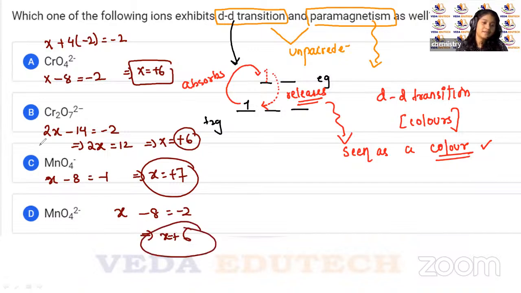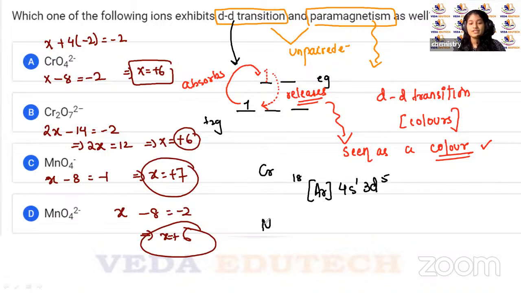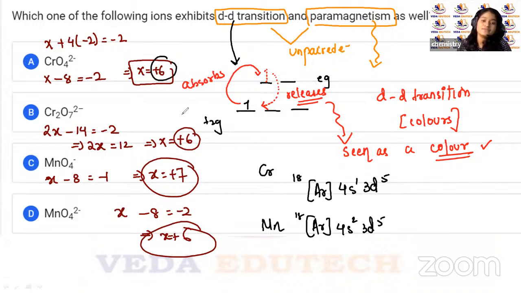If you know the electronic configuration of chromium, children, this is going to be argon 18, 4s1 3d5. Looking at the configuration of manganese, it is argon 18, 4s2 3d5. In the first two cases we have to remove 6 electrons, right?